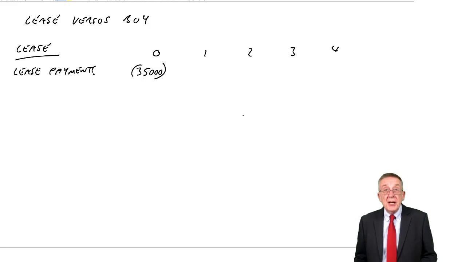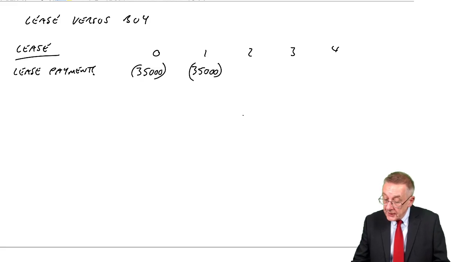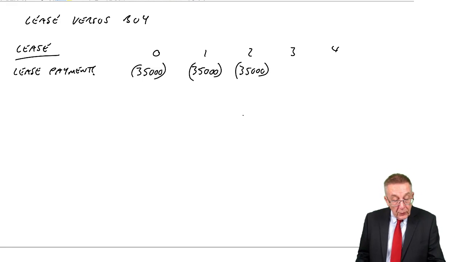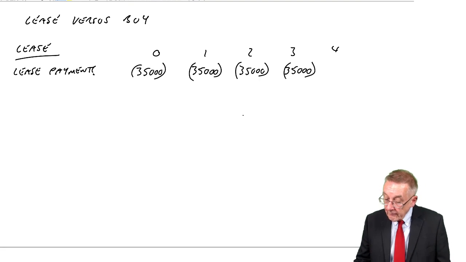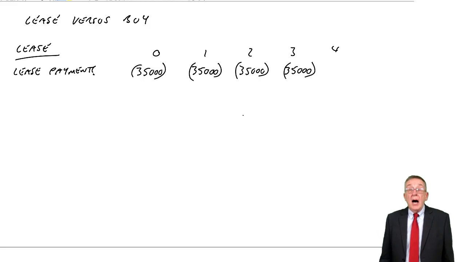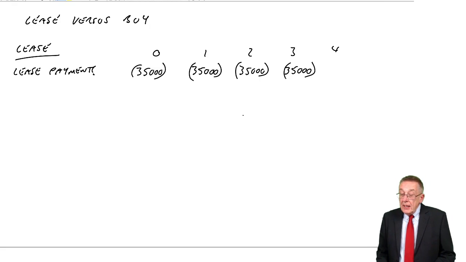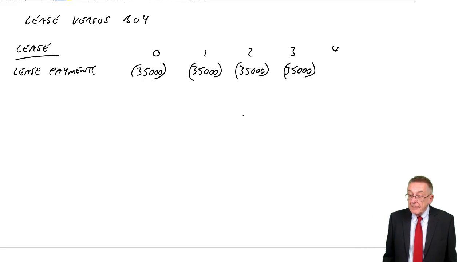The start of the second year starts in 1 year's time, time 1. The third year starts in 2 years' time. And the fourth year starts in 3 years' time. So there are the flows if we lease it. Now, there is going to be a tax effect. We'll worry about tax in a moment.